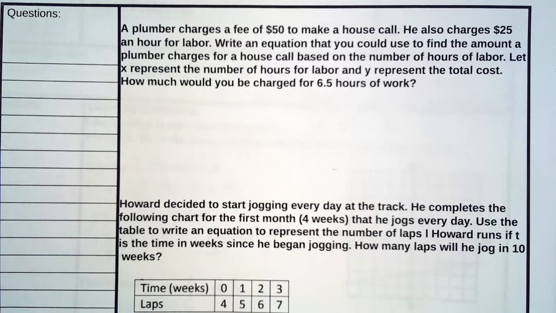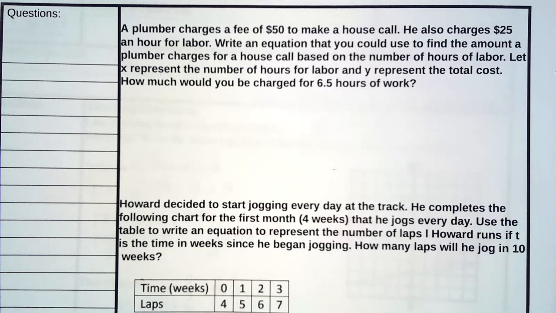So, a plumber charges a fee of $50 to make a house call. He also charges $25 an hour for labor. Write an equation that you could use to find the amount a plumber charges for a house call based on the number of hours of labor.